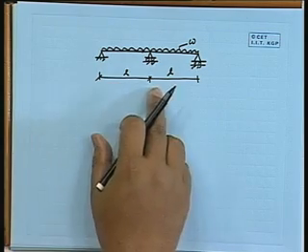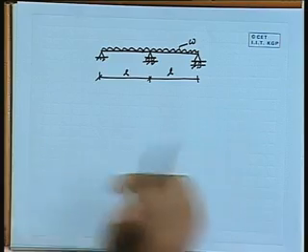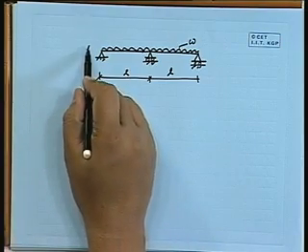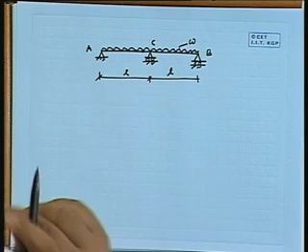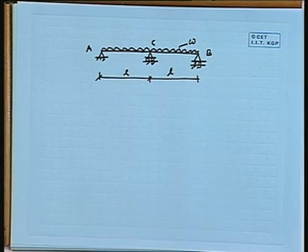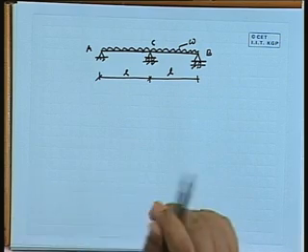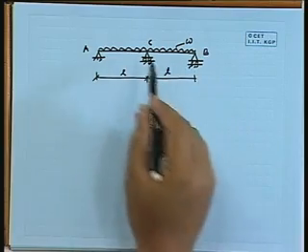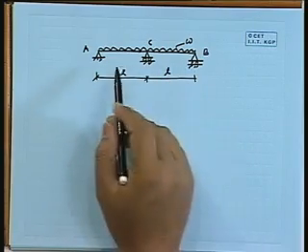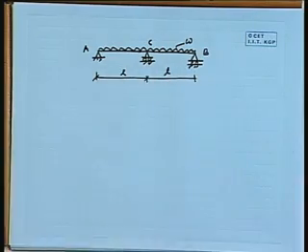So, L is the span, L is the span, right. A, B. So, it is A, B, C, this side is L, this is L, fully loaded omega.